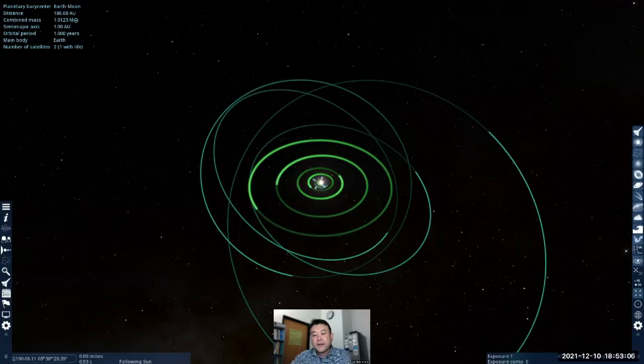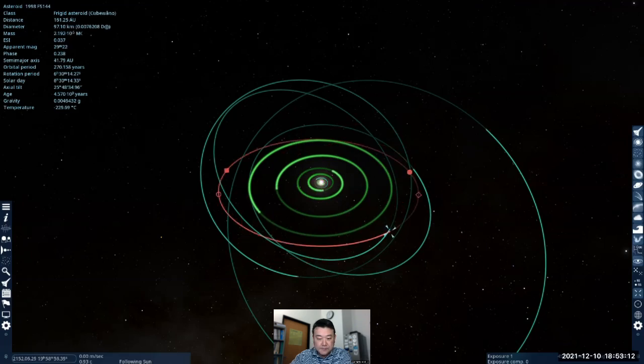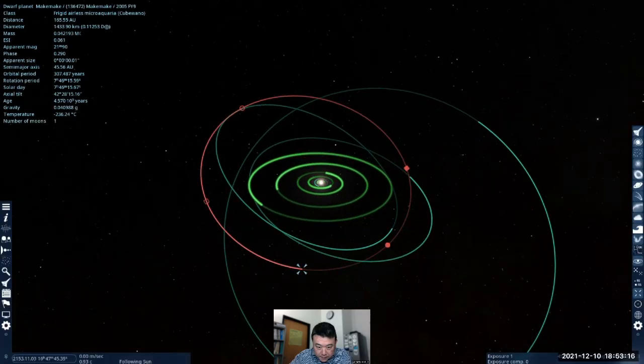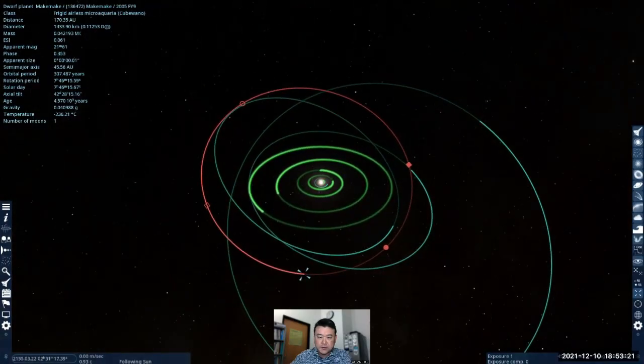These minor planets are big enough in their own orbits, but as you look at it, there's quite a bit of overlap between the orbits of these different bodies, Pluto and Eris and all these other minor dwarf planets. So they haven't cleared their neighborhood.